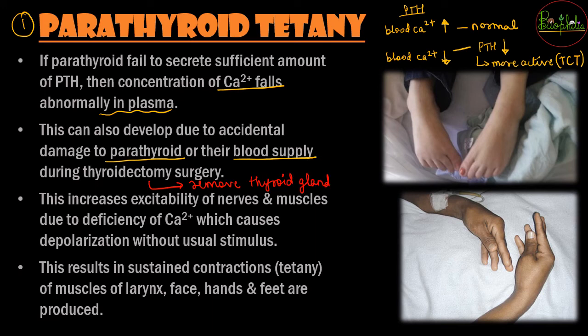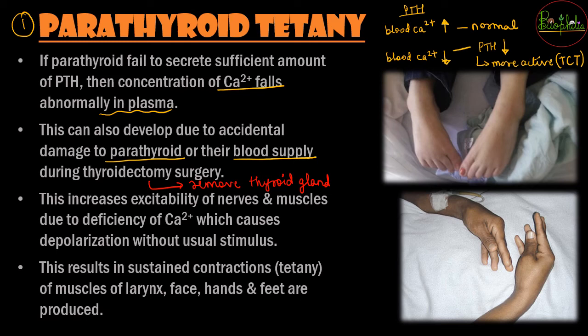If there was cancer of thyroid gland as we saw in the Graves disease, so उसको बचाने के लिए अगर thyroid gland निकाला गया, and because of some mishap during the surgery, if the blood supply to parathyroid gland अगर disturb हो जाता है, then this condition can occur, that is parathyroid tetany, wherein the hormonal level will be reduced.